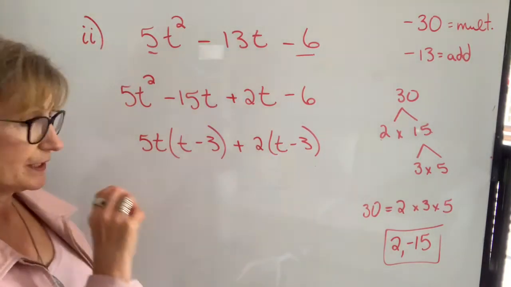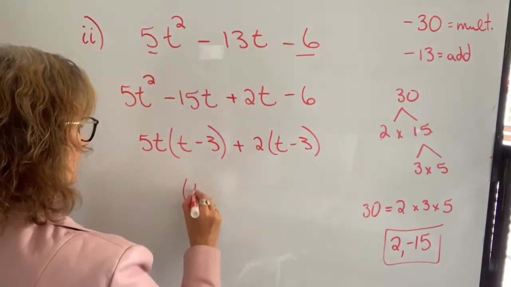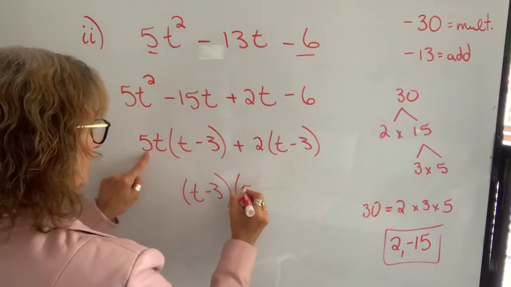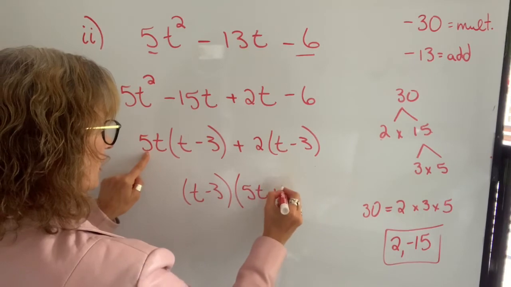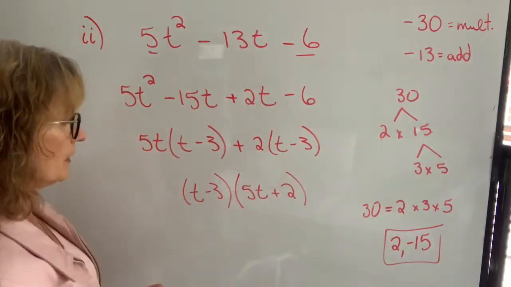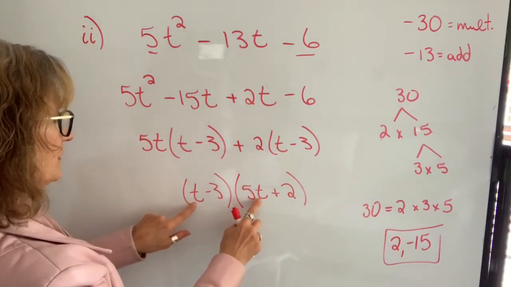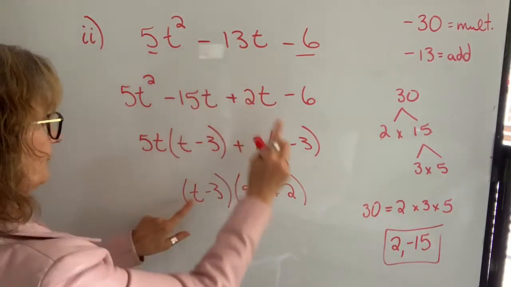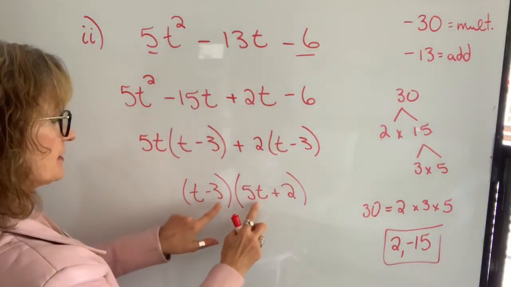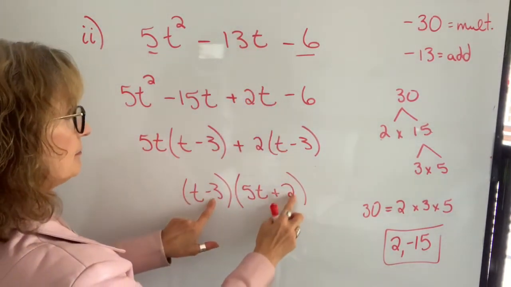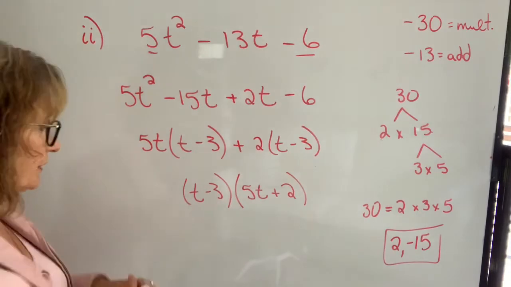We then factor that out of each term, so it'll be t minus 3, and I'm left with 5t plus 2. Do a quick check. T times 5t is 5t squared, plus 2t minus 15t gives me minus 13t, minus 6. All right, so we're done.